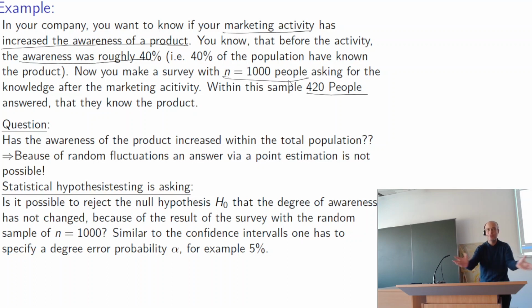And again I have the problem that it is too costly to ask everybody. So, how good is my hypothesis from this data set? With which probability can I say, yes, more people know my product?